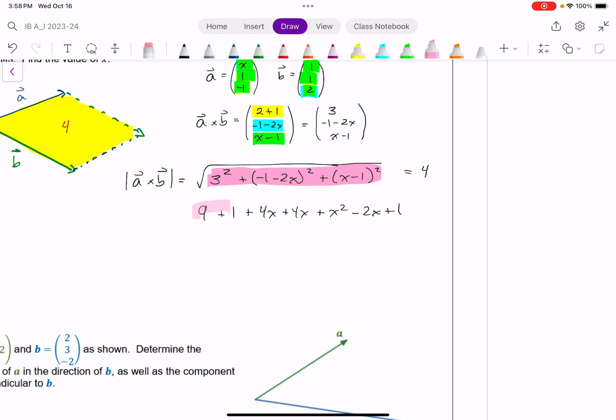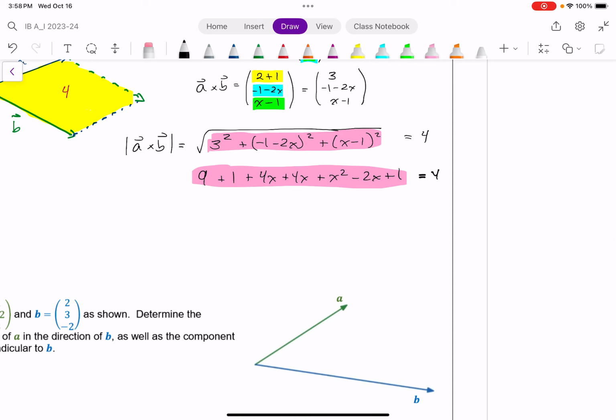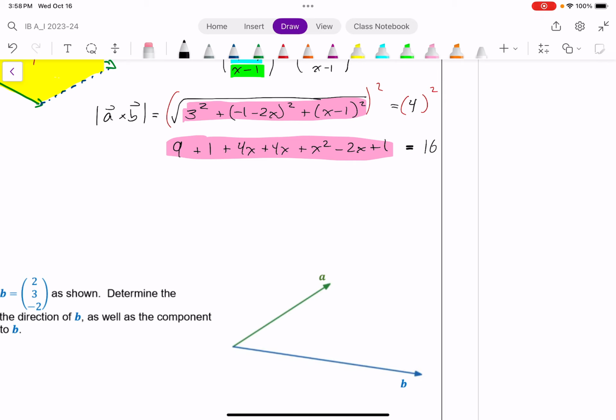All that is just slightly cleaned up from this. Equals 16. The square root of that equals 4, but I can imagine squaring both sides, so it's the 16 that actually matters to me more. If I come this far, I might as well collect like terms. I get 5x squared plus 2x minus 5 equals 0.